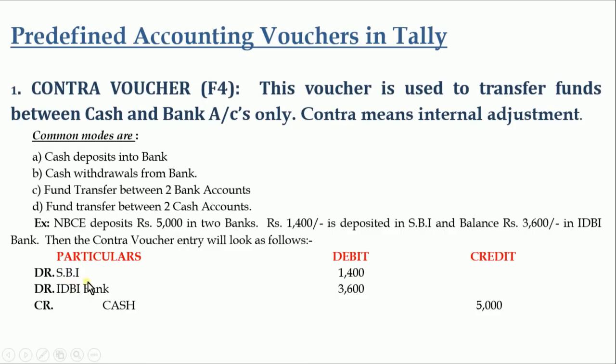Debit SBI 1,400, debit IDBI Bank 3,600, then credit to cash 5,000. So that means both are bank accounts on the debit side and on the credit side there is cash. That means it is a cash to bank type of transaction.